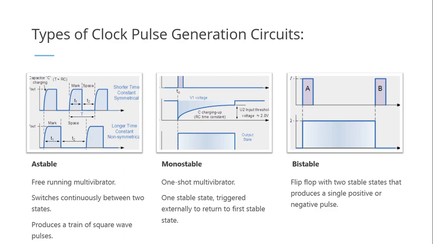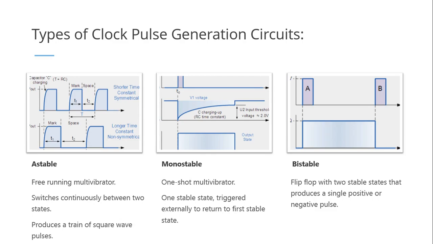Now, what is its difference with the bistable state? As the name suggests, the bistable state has two stable states. So it could have a stable low and stable high. So what is its main difference with monostable? In monostable, you don't need an external input for it to return to its stable state.